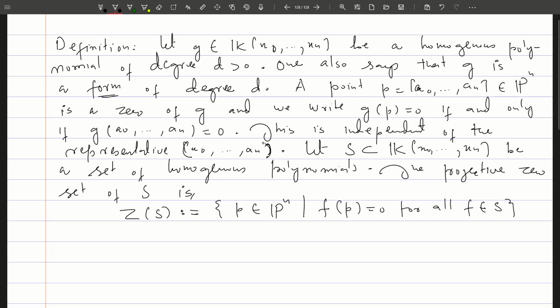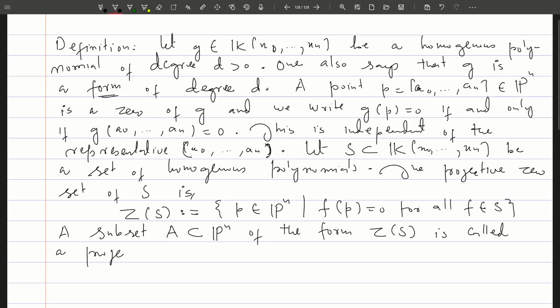A subset A of projective n space of the form Z of S is called a projective algebraic set.